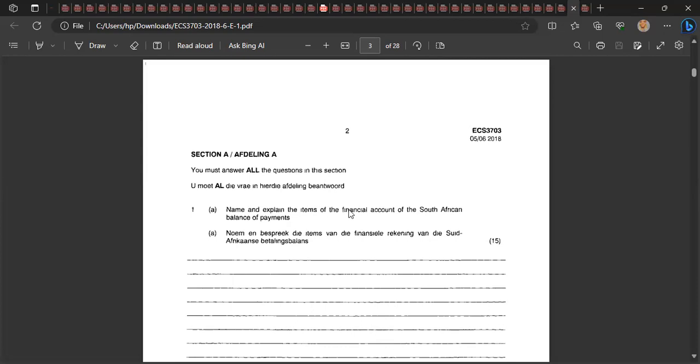But for this one, you have everything on the note. You are simply naming and explaining them, looking at foreign direct investment, etc. Those are the ones that you list and then come up with a brief explanation. So this would be fairly easy.